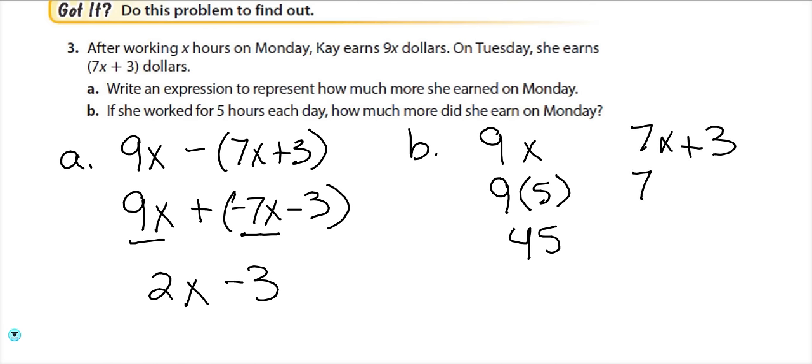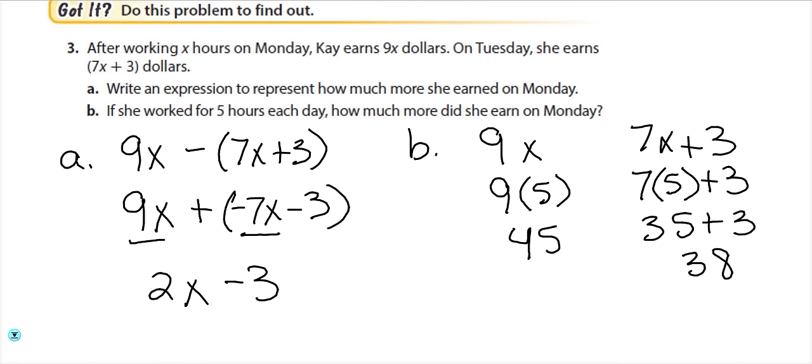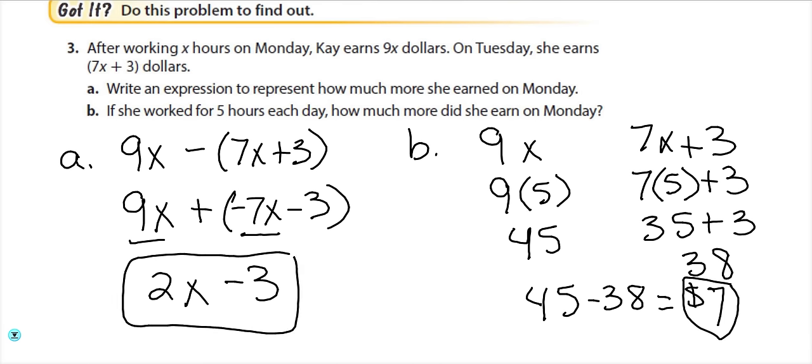So if it's 5 hours again, so 7 times 5 plus 3, that makes 35 plus 3, which makes 38. Okay, but the question is, how much more did she earn? Okay, so we'd subtract those then, and that's 45 minus 38, and that's going to give us 7. In this case, it'll be dollars. Go ahead and circle this one too. There you go.